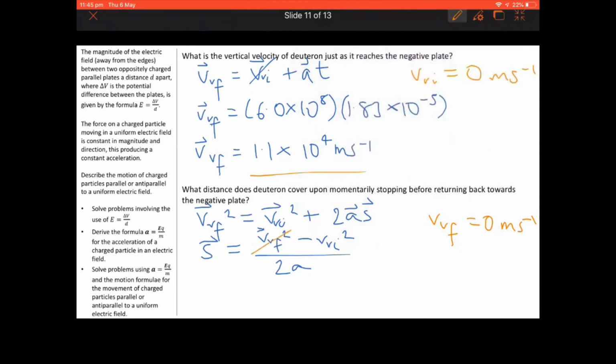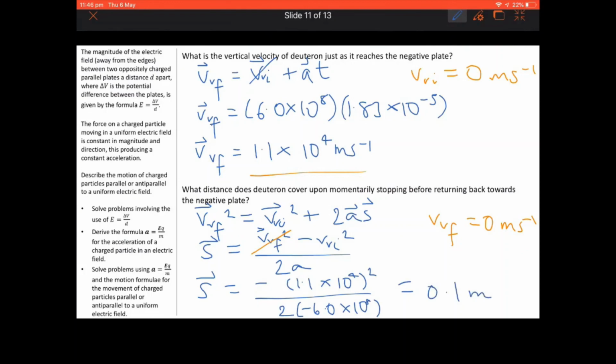So this term here will cancel, and we'll be left with displacement is equal to negative and then 1.1 by 10 to the 4 squared over 2 by negative 6 by 10 to the 8. This is because acceleration is acting in the opposite direction to the motion, so it's negative. And then if you pop it into your calculator, you'll end up with 0.1 meters.